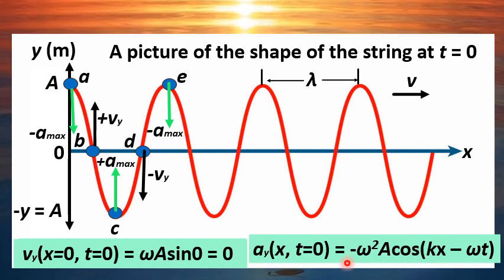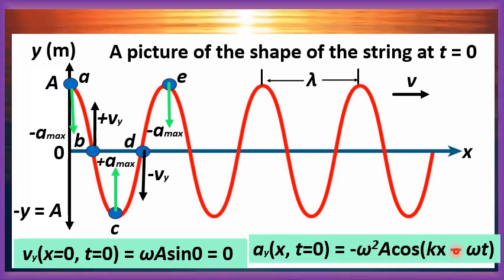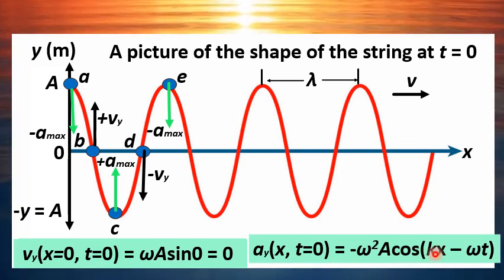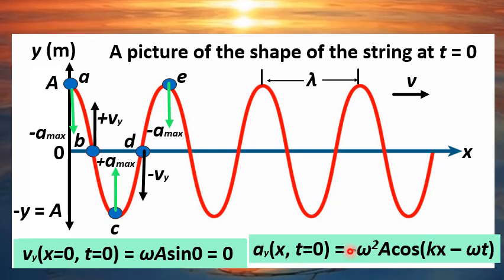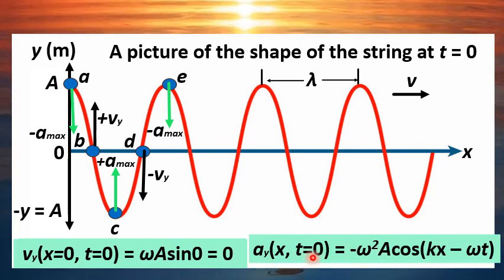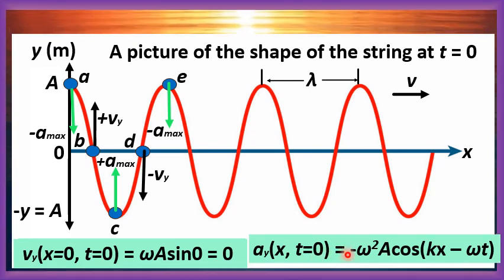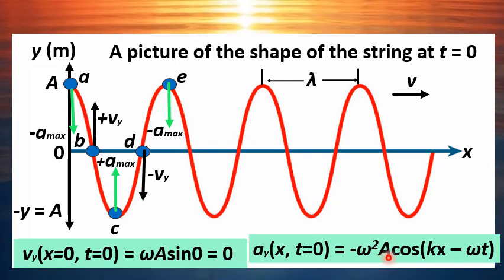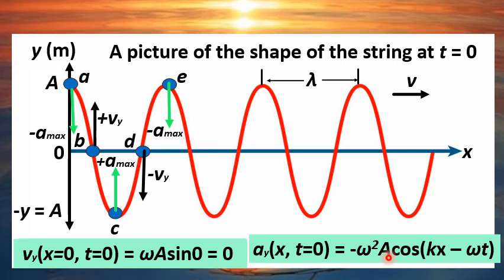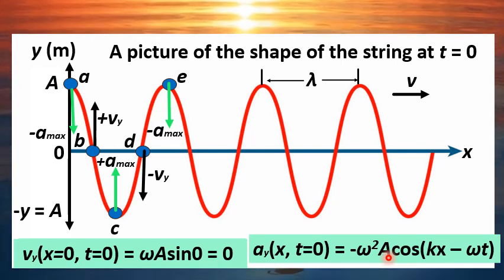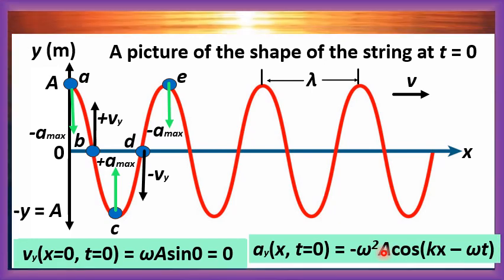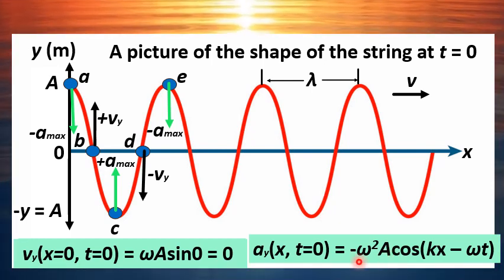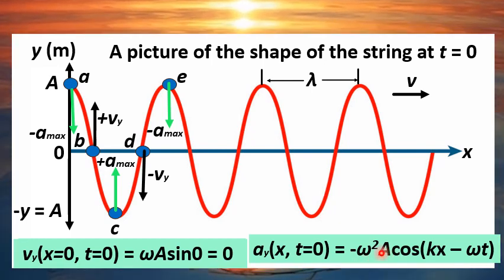Again, we just substitute the value of x equals 0 and the time equals 0 in our equation. This is what happens. A sub y becomes negative omega squared multiplied by the amplitude, capital A, and the cosine of the angle 0. If x and t are equal to 0, the quantity inside the parentheses will all become 0, and the cosine of 0 radian, of course, is equal to 1.